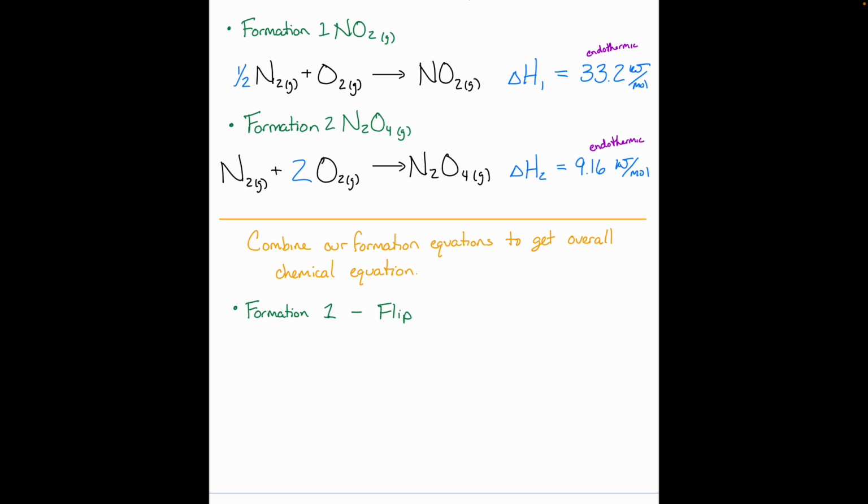So now that nitrogen dioxide is on the reactant side, and that 1/2 nitrogen gas and oxygen gas are on the product side. And if I flip my chemical equation, what's going to happen to that enthalpy of 33.2? It's going to become negative 33.2.